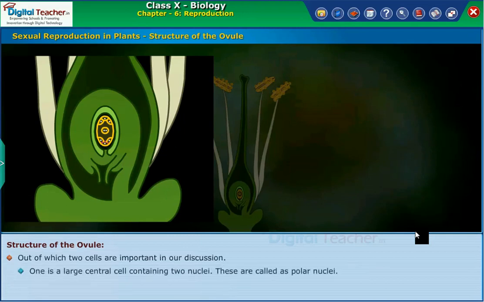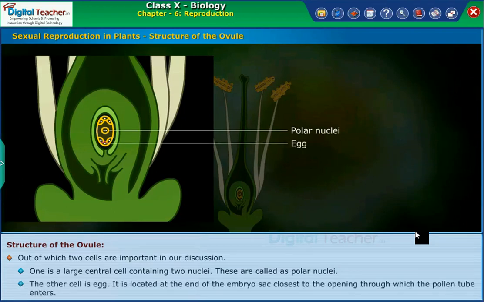One is a large central cell containing 2 nuclei. These are called polar nuclei. The other cell is the egg. It is located at the end of the embryo sac, closest to the opening through which the pollen tube enters.